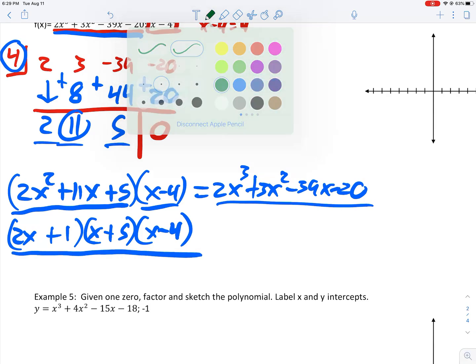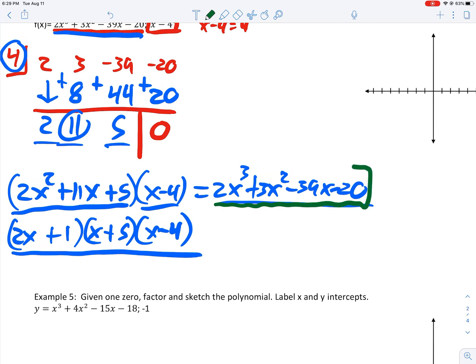So I went from this thing I'm underlining in green and boxing right now, that big old 4-term cubic, to now factored. Why would I want to do that? Because now I can set each factor equal to 0 and find my x-intercepts. So I used the division to find a trinomial that I could factor.